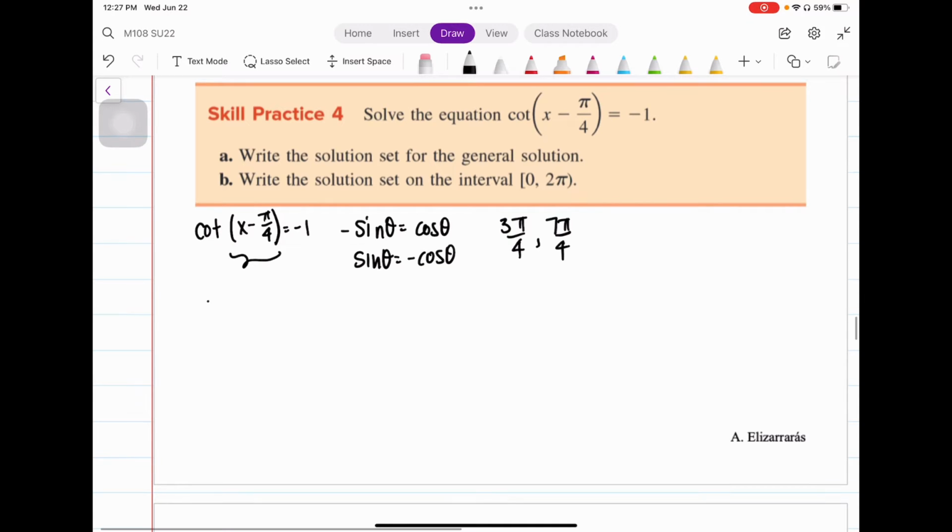This means we have x minus pi over 4 equals 3 pi over 4 plus n pi, and we have x minus pi over 4 equals 7 pi over 4 plus n pi. And we're going to solve for x. So this means we're going to add pi over 4 to both sides on each of these equations.